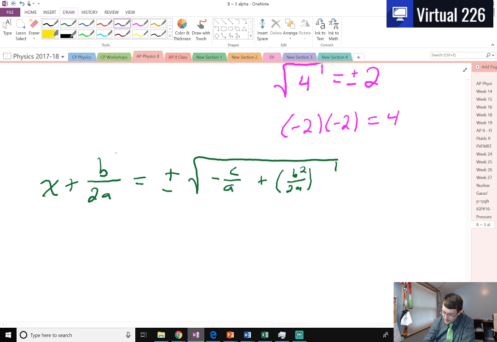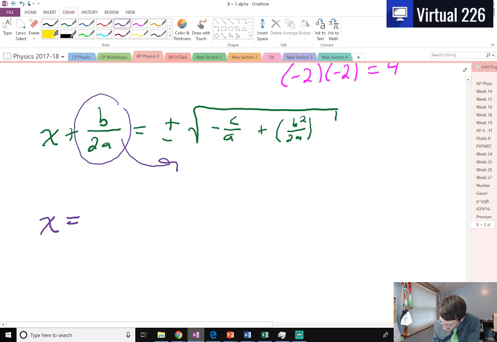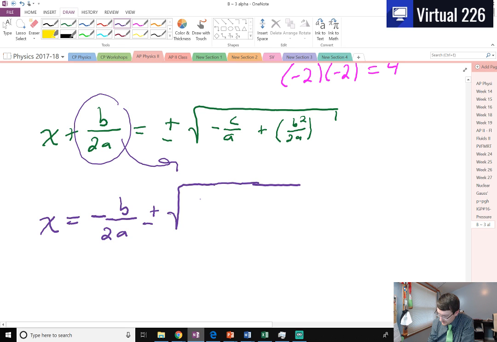Let's now pull this b over 2a to the other side. So we'll subtract it from each side. Now what we have is x equals, subtracting the b over 2a over, gives me minus b over 2a, and then plus or minus this big square root. So the square root of negative c over a plus the quantity b over 2a squared.